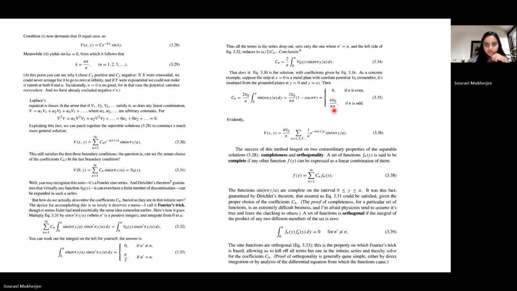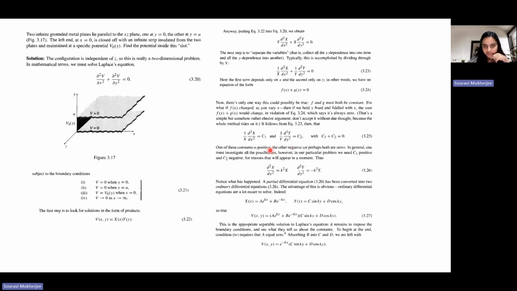Now, based on different questions, your boundary conditions would vary. Or if it is in three dimensions, then you have to have x, y, and z. So here you have k square and minus k square, and there you have to include another variable so that you can account for three variables, right?